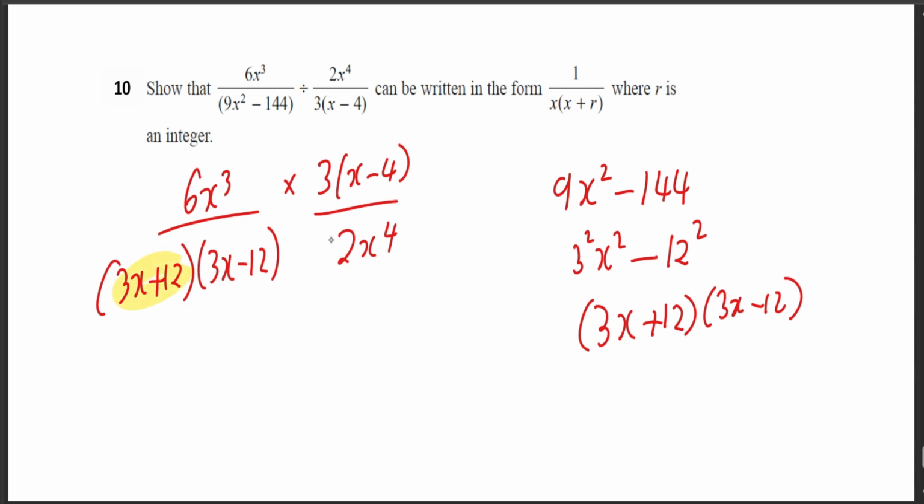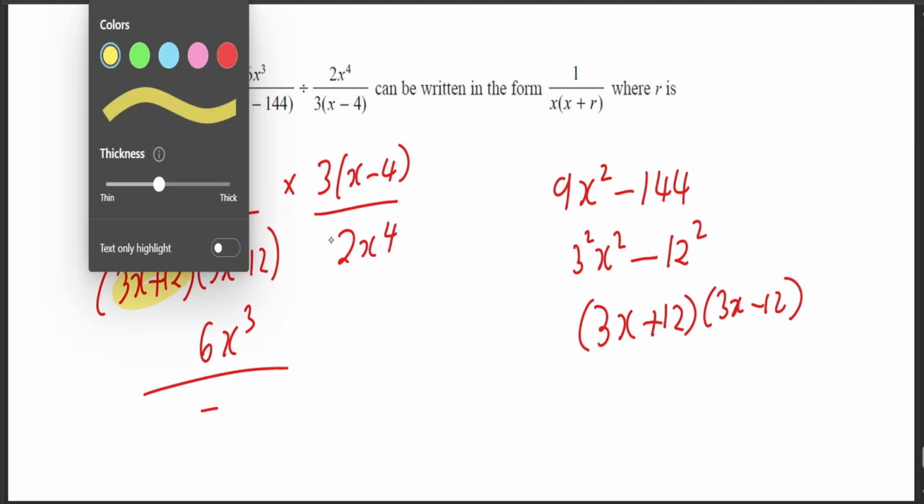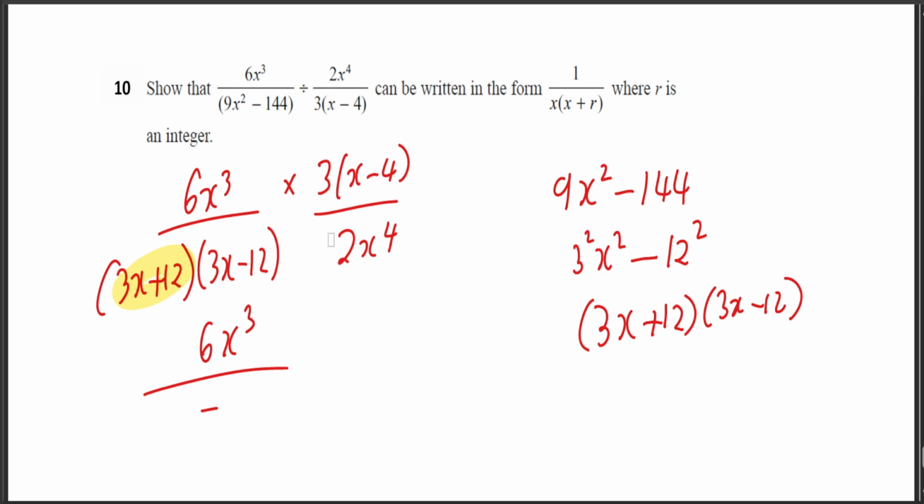Let me factorize this, and factorizing this means 6x cubed over 3 into brackets x plus 4, and then we have obviously 3. No, let me not factorize this because it won't help you in anything. So instead of this, let me factorize this.